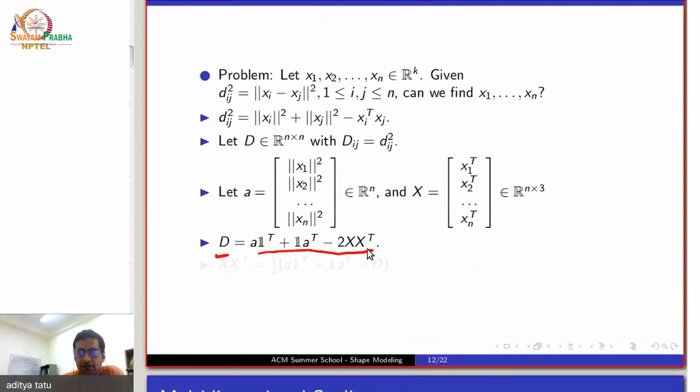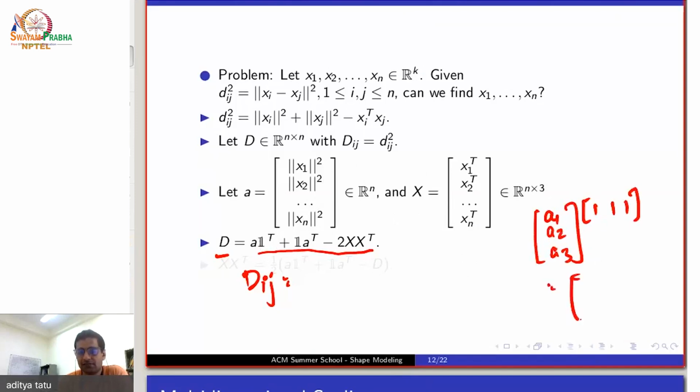Can you see why? So the ijth entry of this would be what? The right hand side first is A into 1. So what happens if I multiply it by a row vector of all ones? So A1, A2, A3 into vector 1, 1, 1 is this matrix, right?